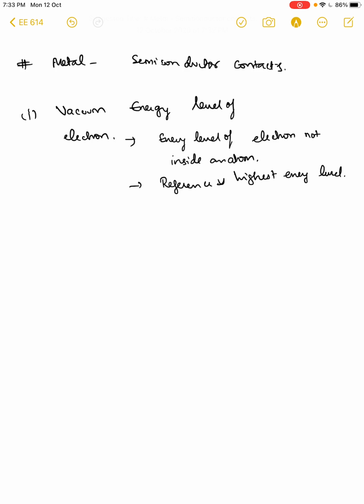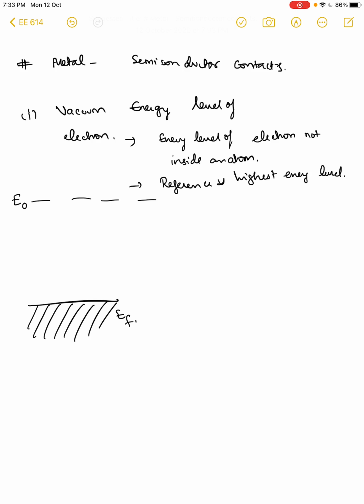Now, why does it have to be the highest? You would have seen several band structures where I think you must have come across this before. So we draw the metal Fermi level somewhere like this, right? And draw the vacuum level at very high energies, which is, let's say, E0.